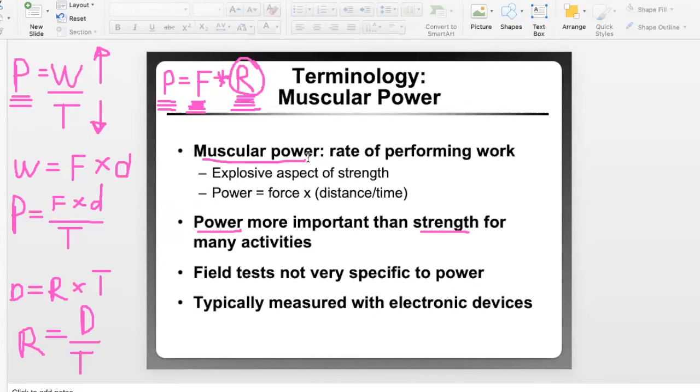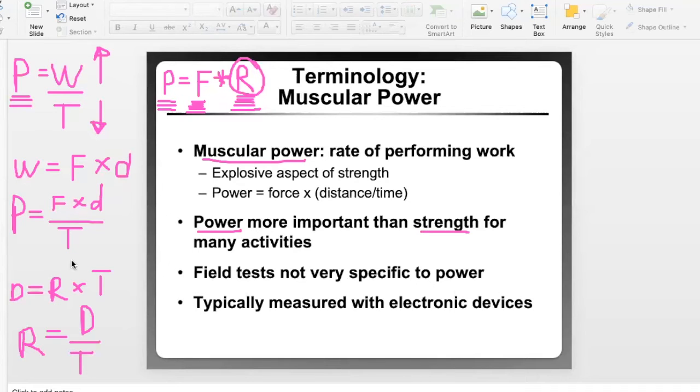So muscular power is the ability to distribute force over a particular amount of time. If your body can't get more forceful, if you can't make your muscles more forceful, then you can always increase the power that you're distributing by exerting that force over a faster period of time.